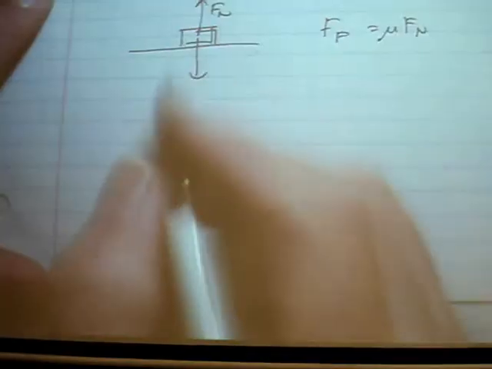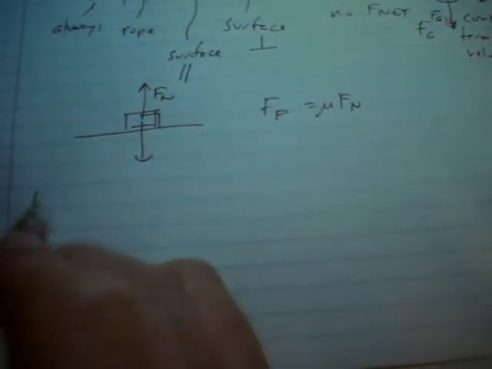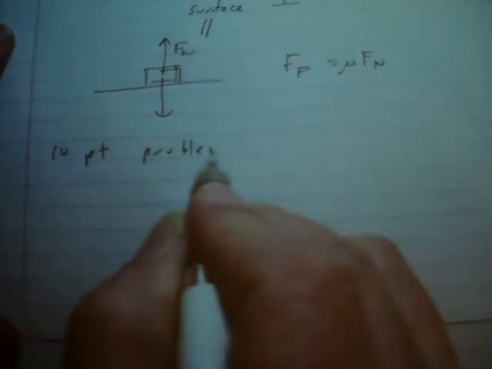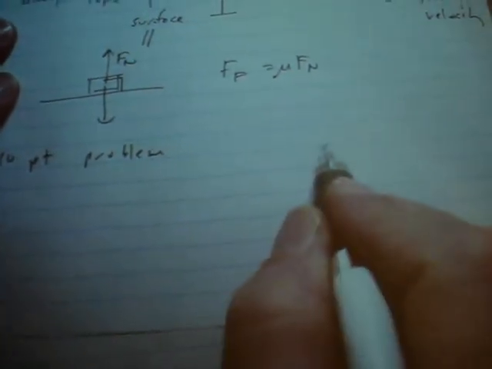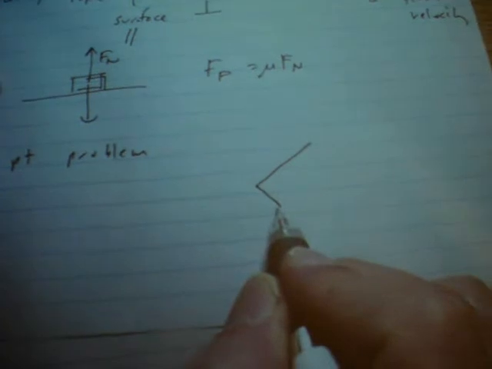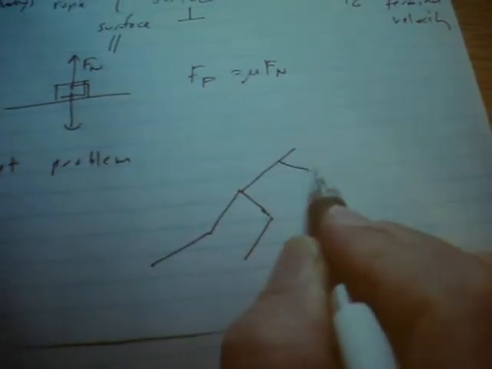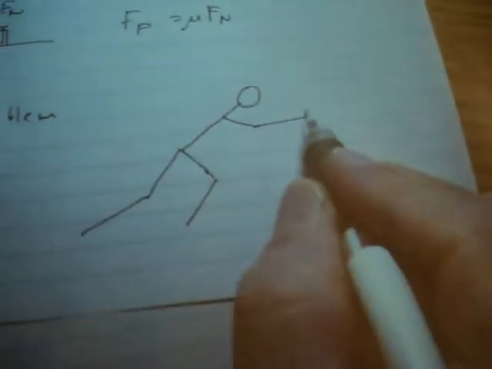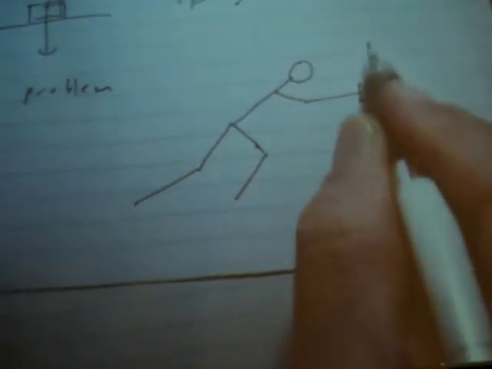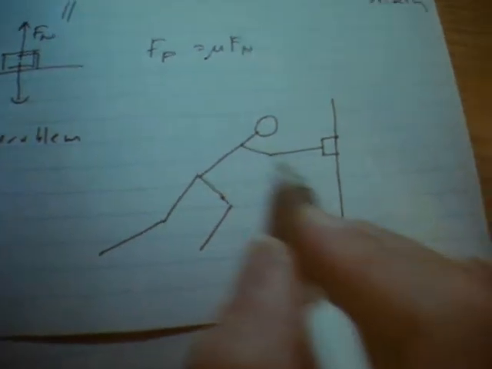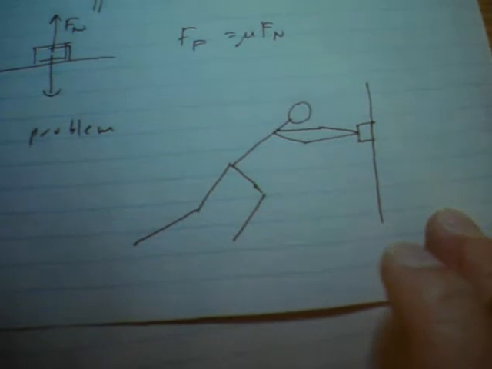Fifty multiple choice, and there's a ten-point problem. There are five ten-point problems. Oh, look at that stick figure. Oh, that's beautiful. How come you don't draw clothes on? That's a weird way to try to open the door. Alright, anyway.